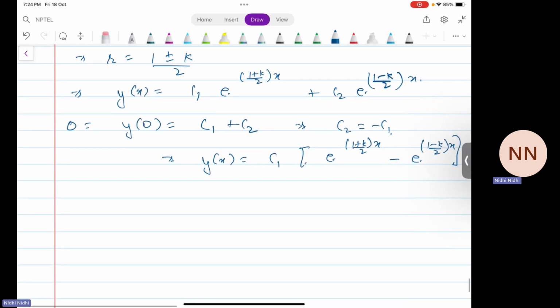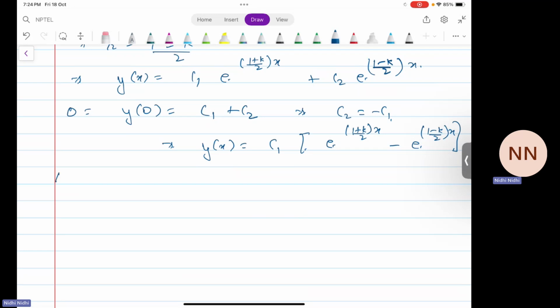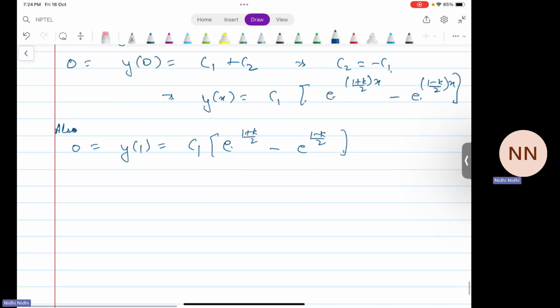So we also have another boundary condition. 0 equals y(1). So y(1) is c1 times (e to the power (1 plus k)/2 minus e to the power (1 minus k)/2). So this will give us c1 is 0.